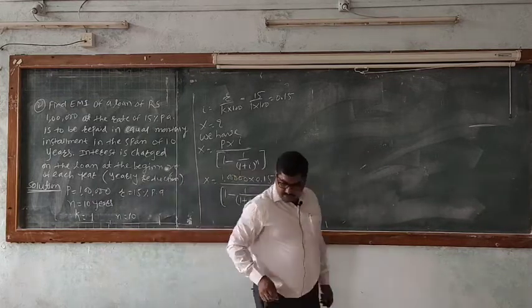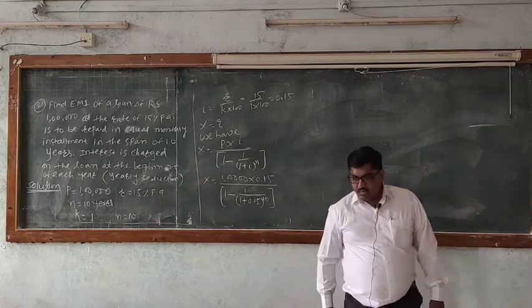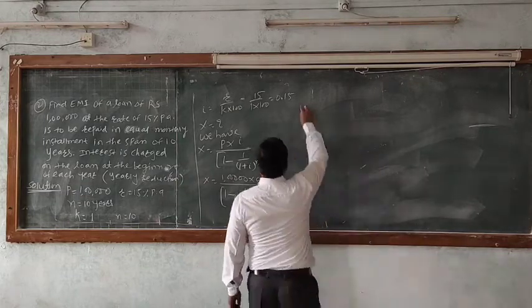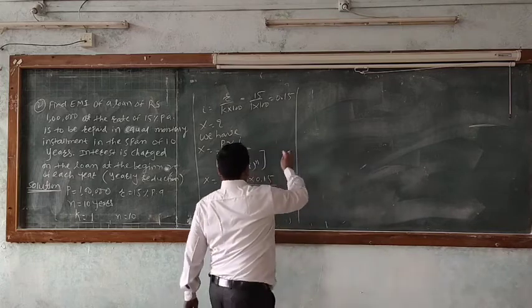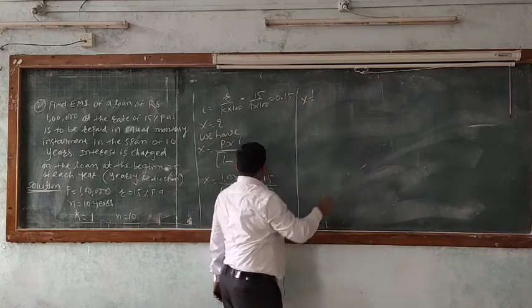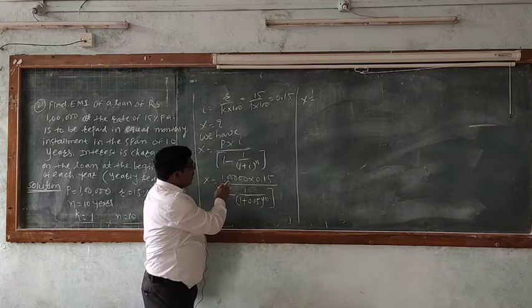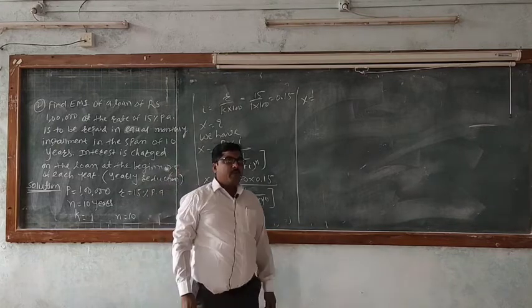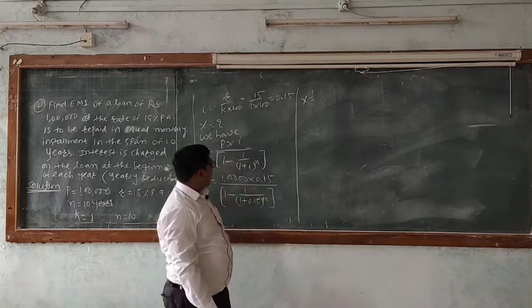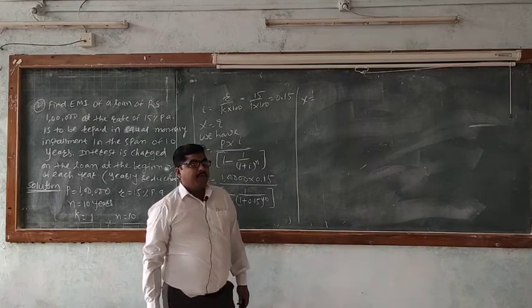Again, X equal to 1 lakh into 0.15, that is 15,000.